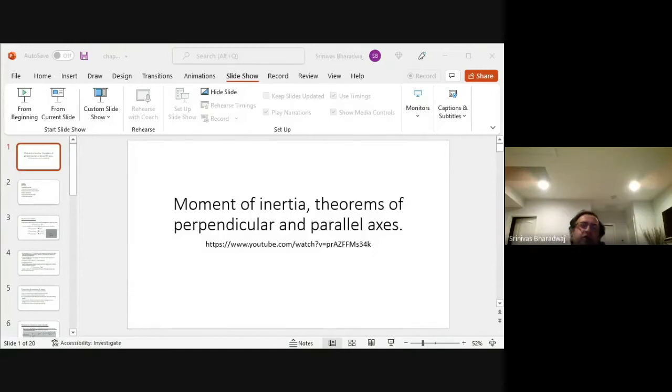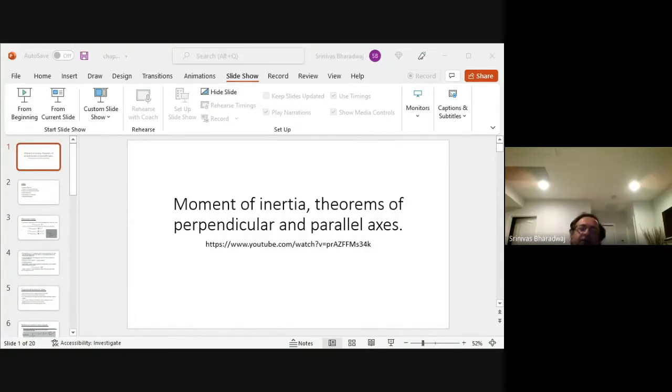So let's now look at how moment of inertia is derived. Last class itself, I got into this, half mr squared. Now, if you had a rotating body, each of the particles in the rotating body has a kinetic energy, and the sum of all those half m v squared gives you the total kinetic energy.